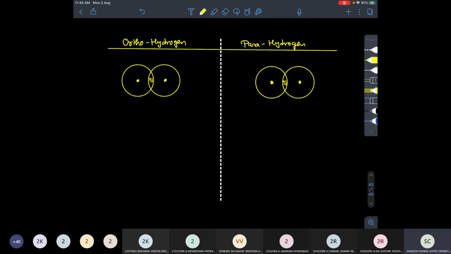So what is the difference? Till now, in atomic structure, you know that there is electronic spin. So net electronic spin, can you tell me what will be the value of that? Plus half and minus half, value is 0. Here also, the net electronic spin is 0.